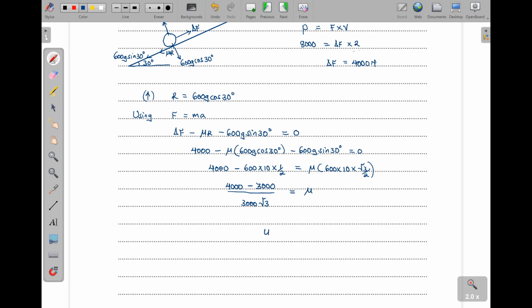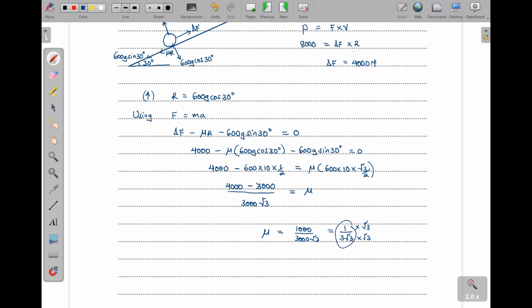So what will this one be when simplified? Of course, this will be 1,000 divided by 3,000√3. So this one then will be 1 over 3 root 3. I can say times root 3 over root 3. For surds, we don't write them in the denominator.